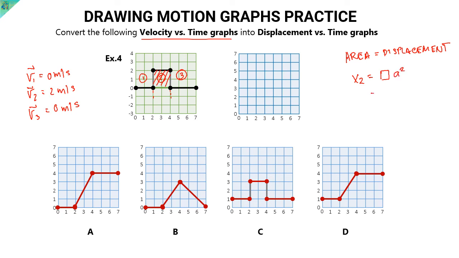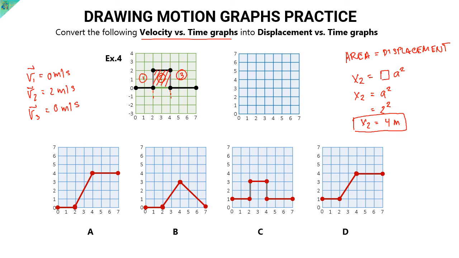Which means x2 should be a squared, and the value for that is 2 squared. 2 squared would of course be 4. We are searching for position. The unit should be in meters. So this is now your position for situation number 2.